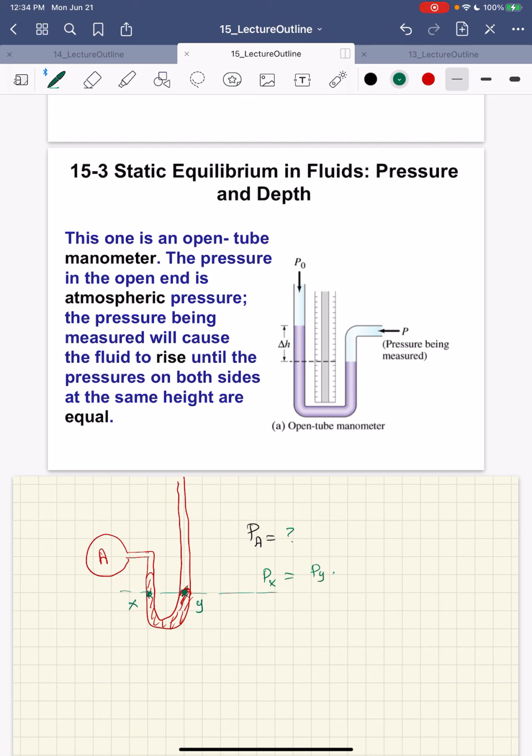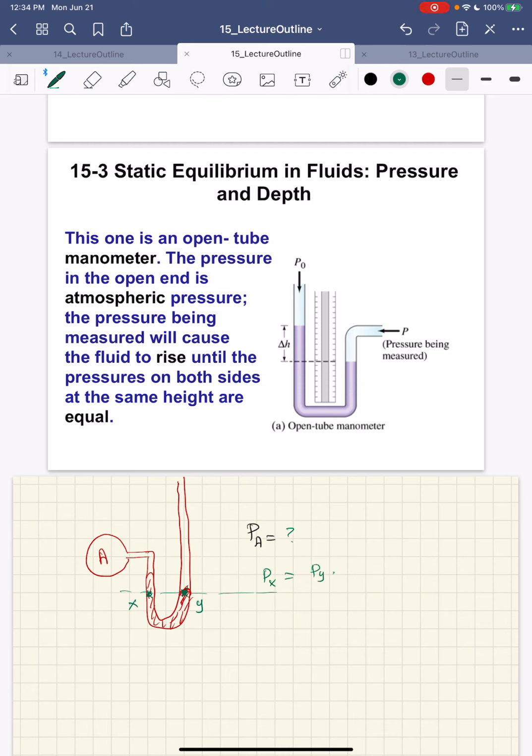Another problem related to the barometer: how high would the level be in an alcohol barometer at normal atmospheric pressure? I calculated what the pressure is when I have alcohol. It's going to be 0.76 times g times 13,600, the density of mercury.